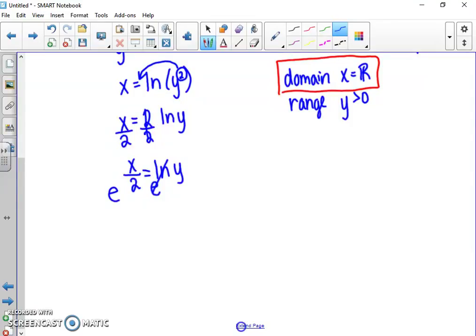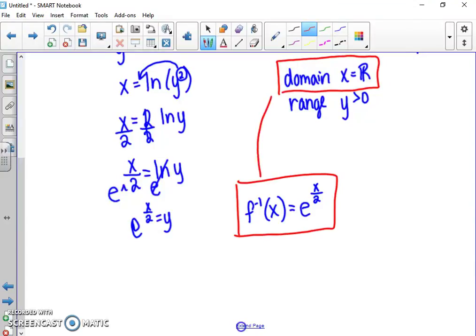We'll also make this side a power of e, which will give us e to the x over 2 equals y. So our inverse function we're going to denote with f inverse of x is going to be e to the x over 2. And then, of course, we have our domain up here. x is all real numbers.